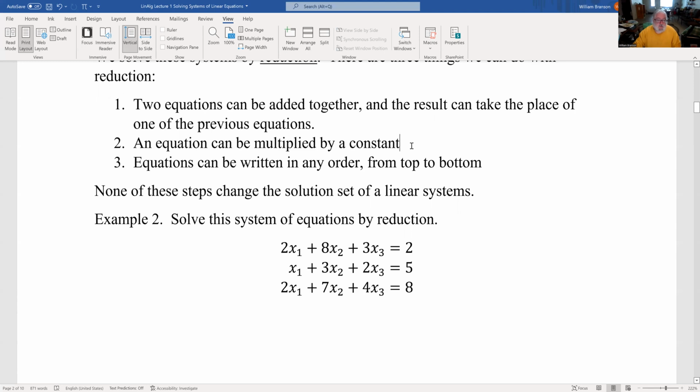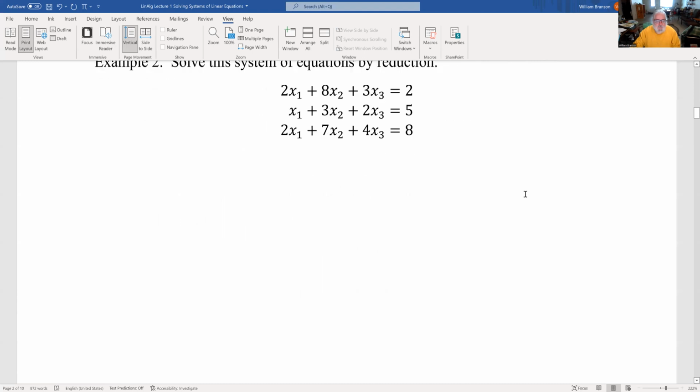Well, multiplying by 0, that should be a non-zero constant. And then finally, if you add two equations together, the solutions don't change, because if a solution satisfies each of two equations, then that same solution satisfies the sum of those two.